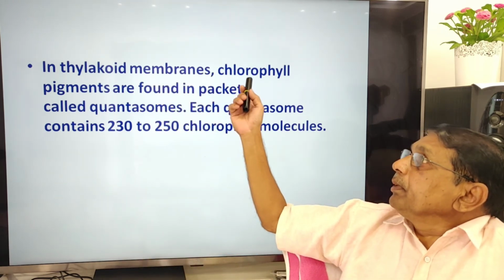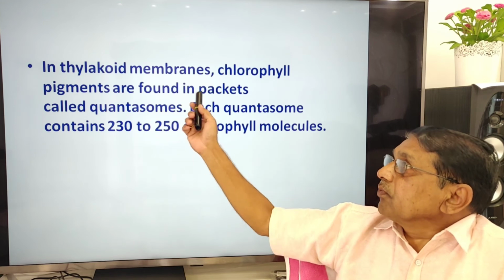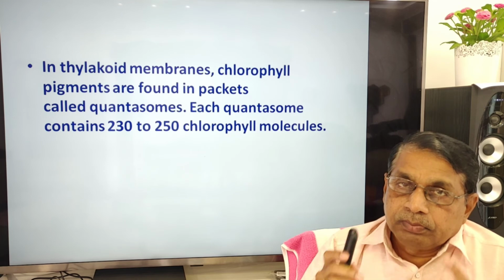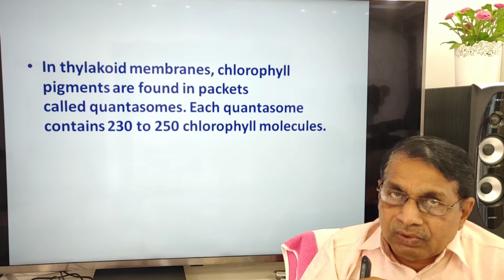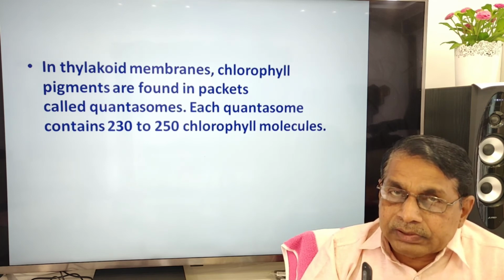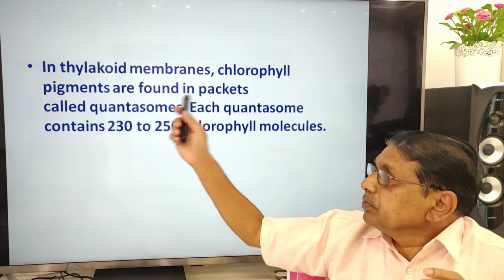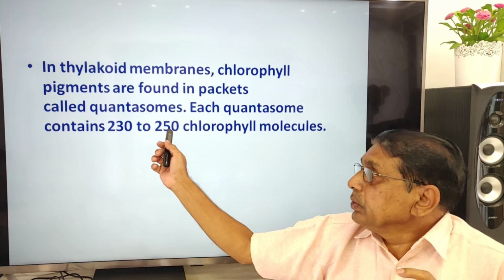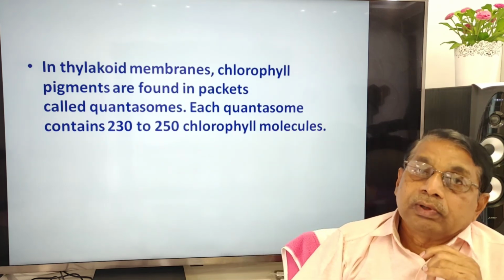In thylakoid membranes, chlorophyll pigments are found in pockets, groups of chlorophyll pigments, called quantasomes. Each quantasome contains 230 to 250 chlorophyll molecules.